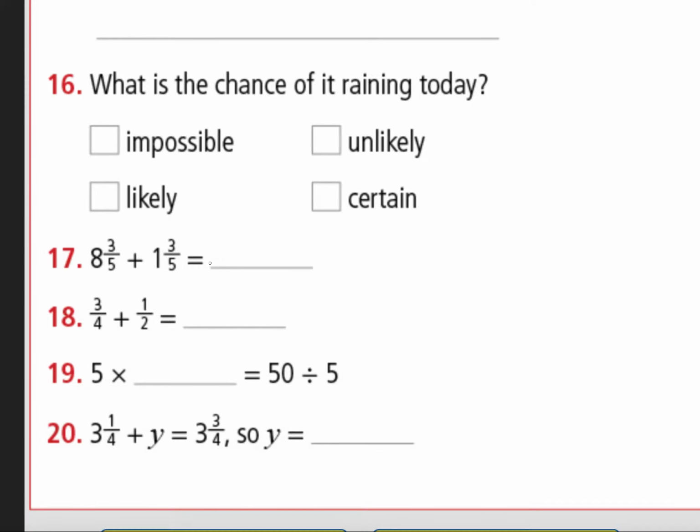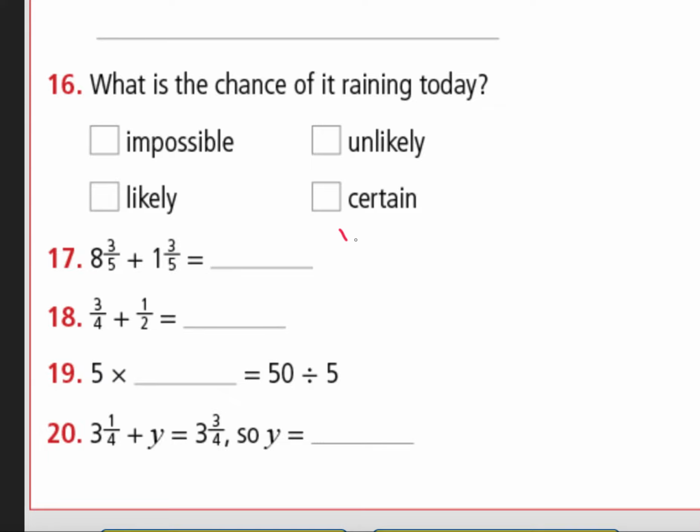Number 17, 8 3/5 plus 1 3/5. Now we haven't done one of these in a while. What I'm going to do for this one is I'm going to make it all improper fractions first. So to turn this into an improper fraction, I'm going to do 5 times 8 is 40, and I'm going to add on my 3.